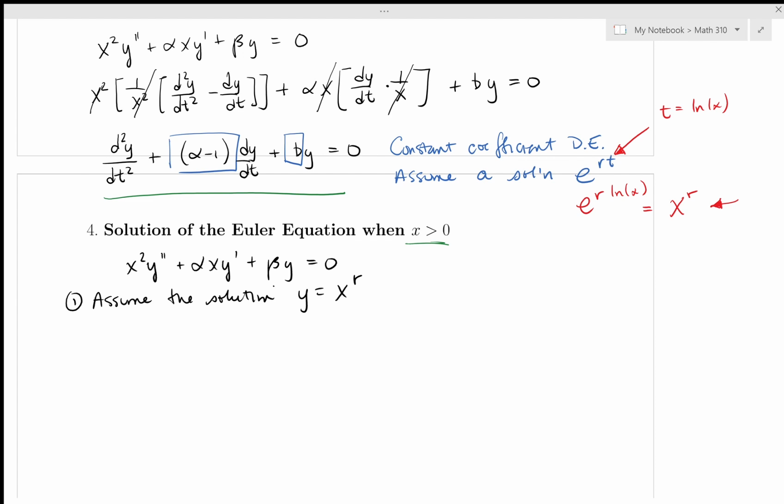Okay, so then we'll do the same thing that we always do when we assume the solutions. We calculate the derivatives, plug it back in here, and see if we can identify what that value of r must be. So I'll calculate the derivatives. y prime is r x to the r minus 1, and y double prime is r times r minus 1 times x to the r minus 2. So we're going to plug that into the differential equation.